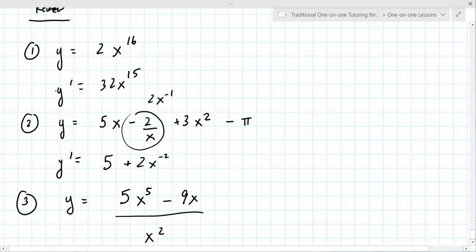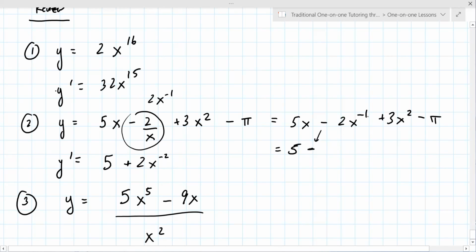Oh. Wait, why did you change the sign? Well, I'm just going to rewrite it over here on the right. And the derivative is 5. Now here it's minus, okay, that minus comes down.